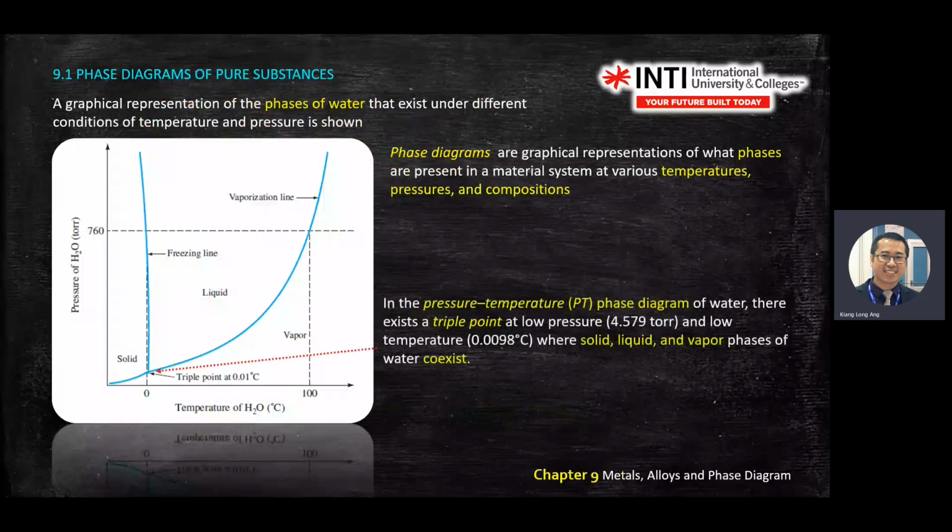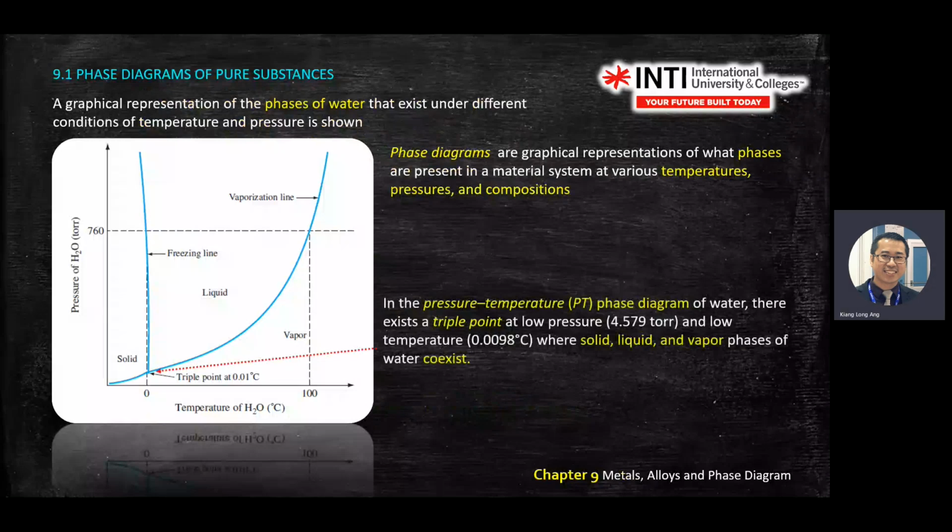Strip a little bit of pressure, you flip to liquid. So on the line, you need to read the 2 phases on the left and right. For example, I pick this point. The phases you have will be liquid and vapor together on the blue line. But at the triple point, it means 3 exist: solid, liquid, and vapor. At what temperature? You read down. Here at almost 0 degrees. At what pressure? About here. You read from the graph.